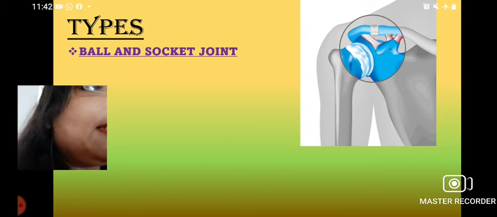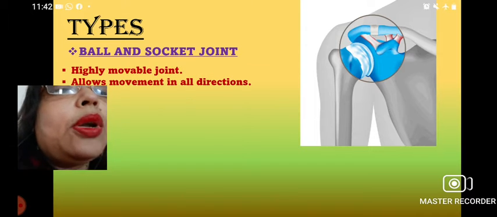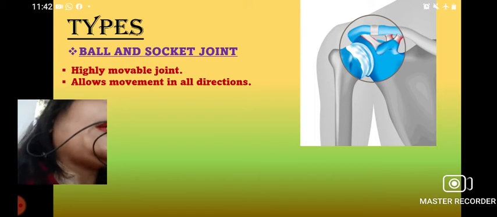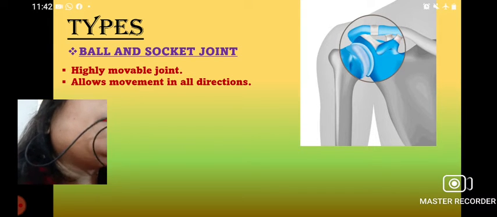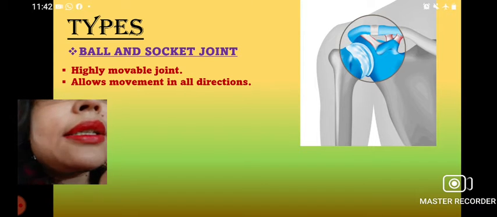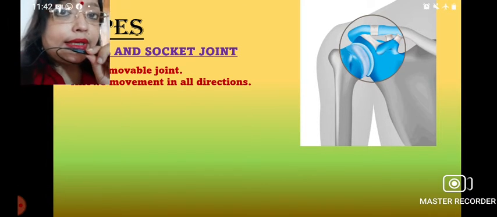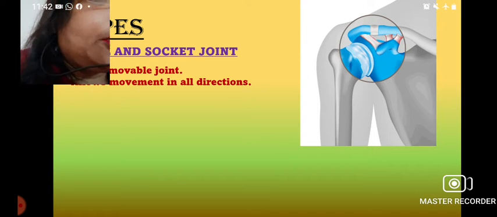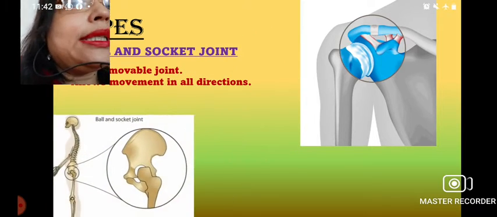This type of joint is called the ball and socket joint because they are highly movable joints. Highly movable means the shoulder portion, you can move it in any direction you want to. You can get the example like the shoulder joint, and in this case it can be moved in all directions.